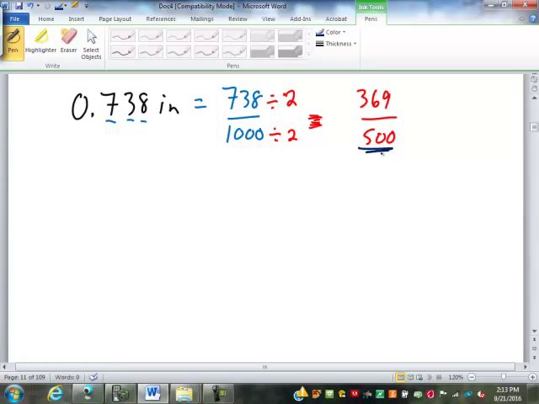And 369 is not divisible by either of those. How do I know that it's not divisible by 2? Yep, the last digit's 9, that's an odd number. How do I know it's not divisible by 5? Perfect, doesn't end with a 5 or 0. Just at a quick glance, can anybody tell me what 369 does divide by?